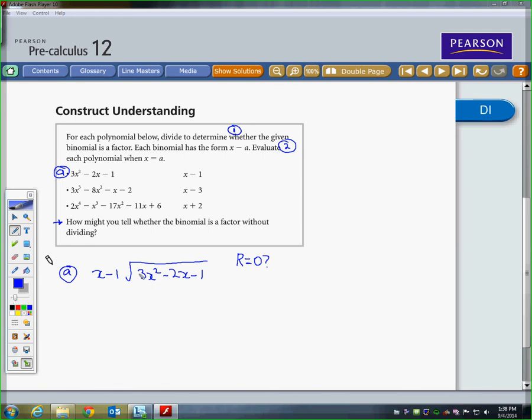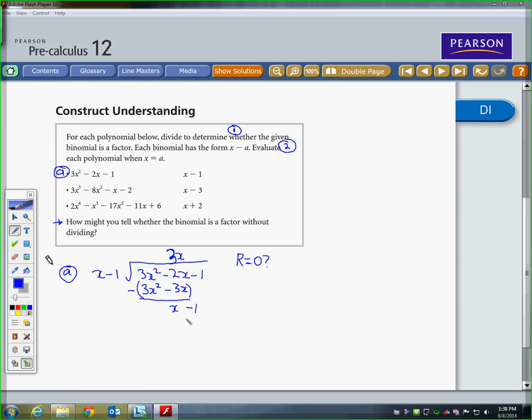So let's solve this, another problem like ones we've done earlier. x goes into 3x squared 3x times, so I write my 3x over here. So I get 3x squared minus 3x, which I subtract. Minus 2x subtract minus 3x, I get 1x minus 1.